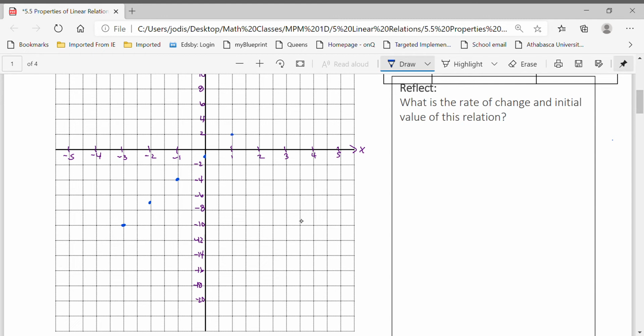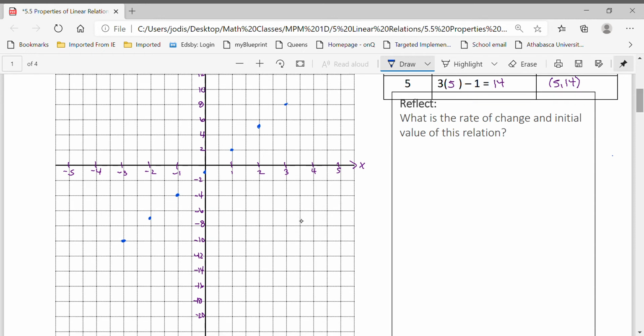Then 1, 2, 2, 5, 3, 8, oh, whoops. I didn't do that on the 5. There we go. 2, 5, 3, 8.